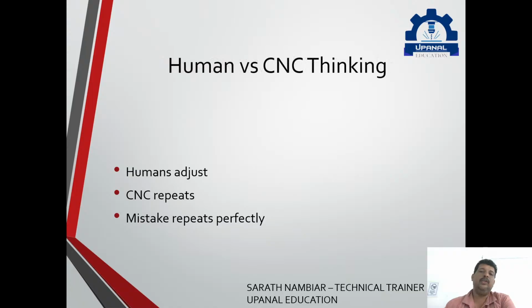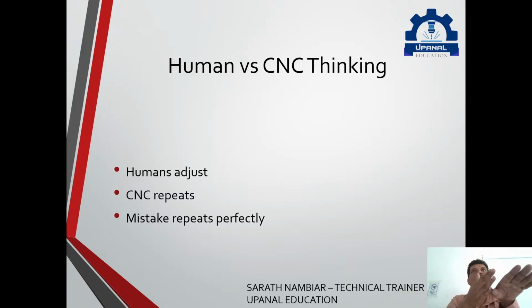Now, human versus CNC thinking. What's the difference? A human can adjust. If we are driving a car and we know that if we go left there is a dead end, we cannot go there. But what will the car do if we turn the steering to the left?